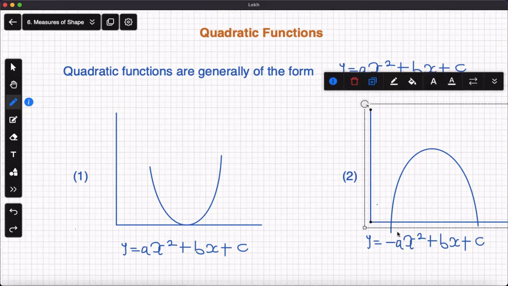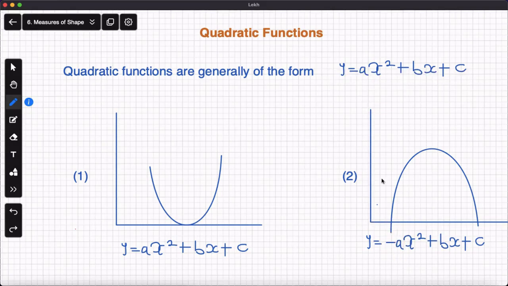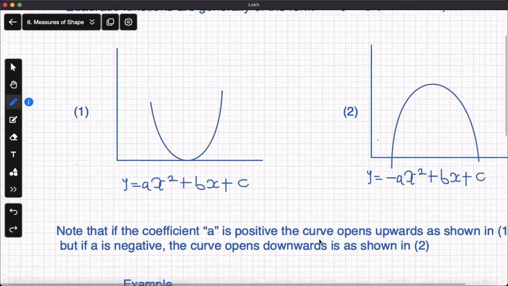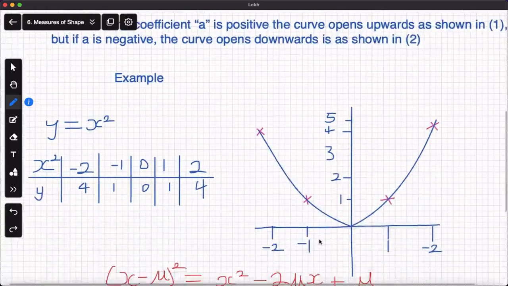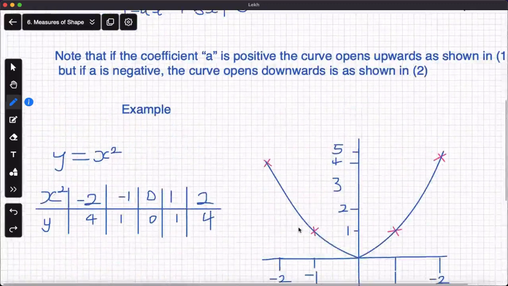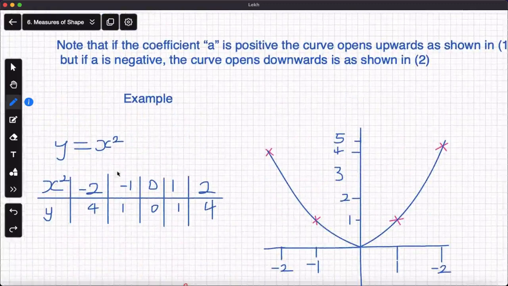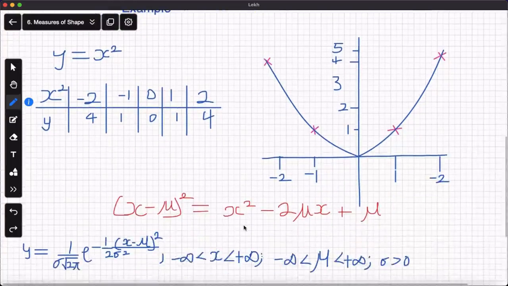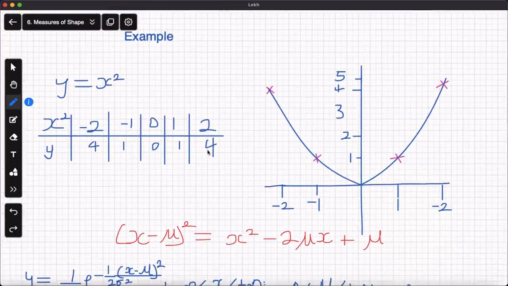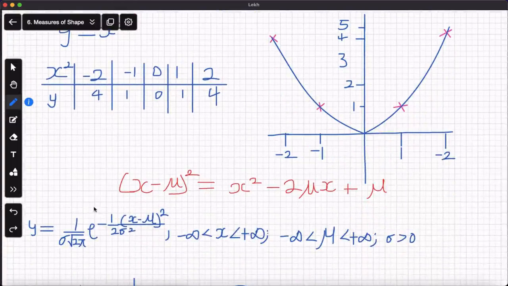But when the coefficient of x squared is negative, it opens downward, just as you can see there. If we decide to plot this distribution, we are going to have the curve opening upward, just like you can see here. So we'll substitute the values of x, and then we get corresponding values for y.